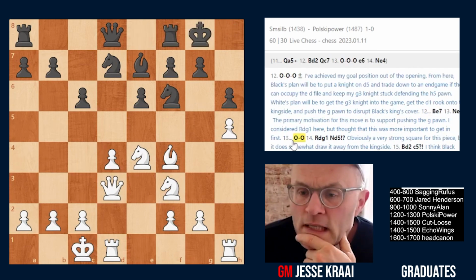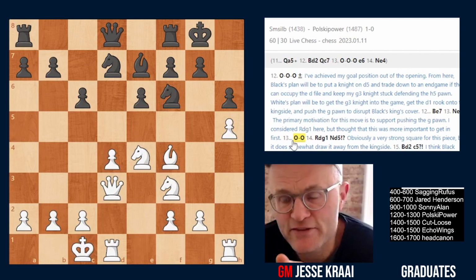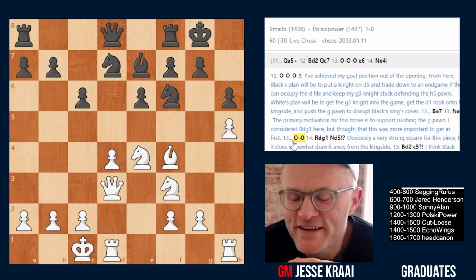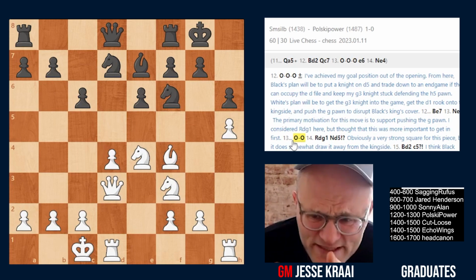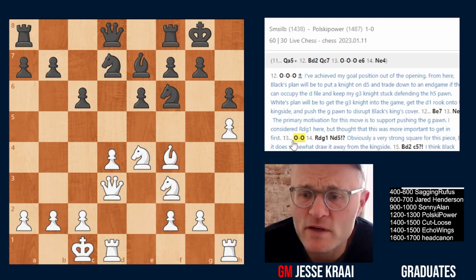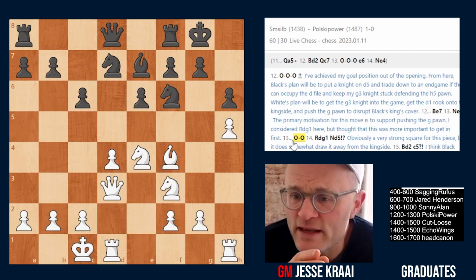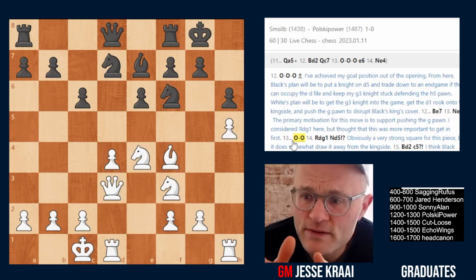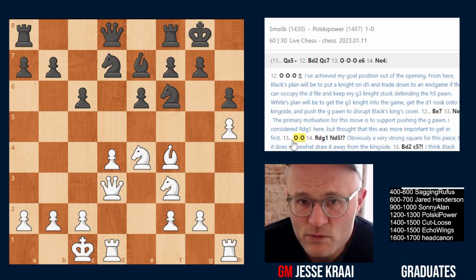All right. Now, when I was a kid, it was unacceptable to castle short in these positions. Totally unacceptable. But you see it sometimes nowadays because it can be very difficult for white to organize the g4, g5 break. Now, by the way, let me just say, the rating level here of what we're seeing with both these players and the opening knowledge shown is too big of a discrepancy, right?